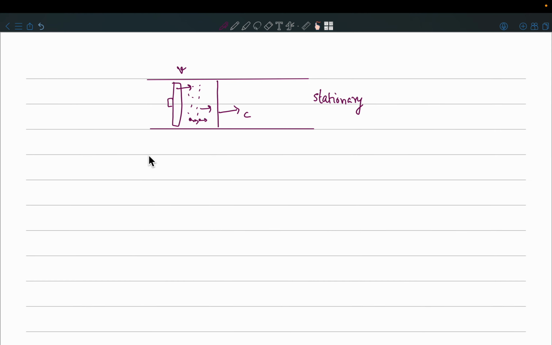So now if I draw the path, what I'm going to draw is t versus x, and x is along this plate or along this horizontal direction. Let us say at a particular instant this is my position of the wave front.